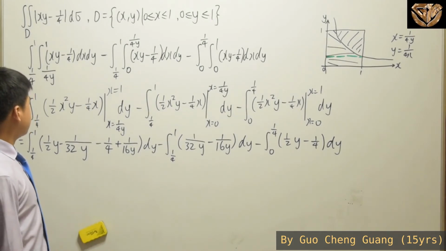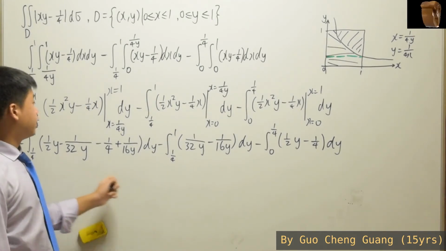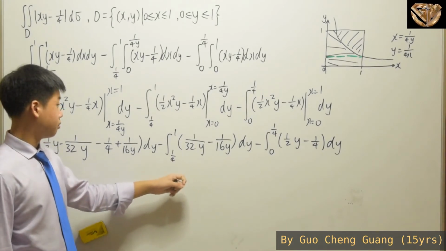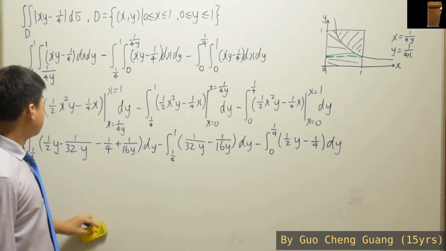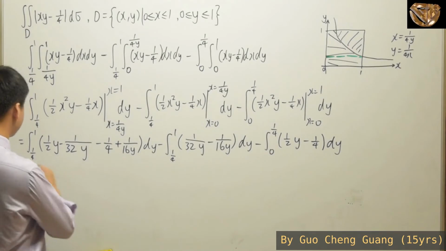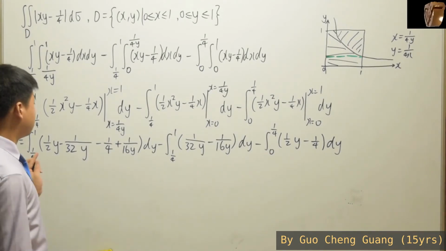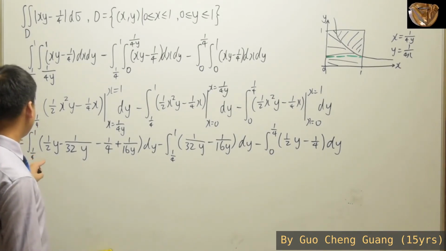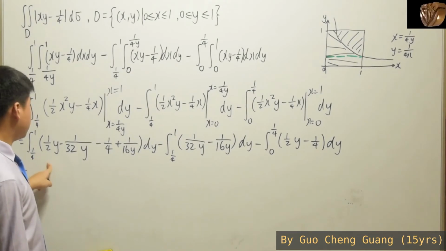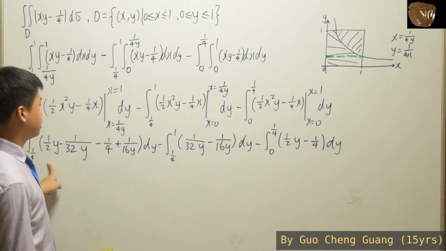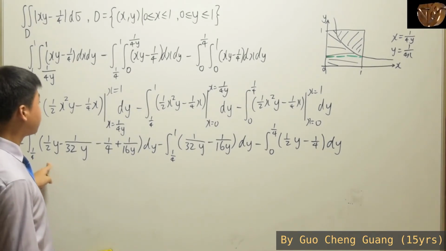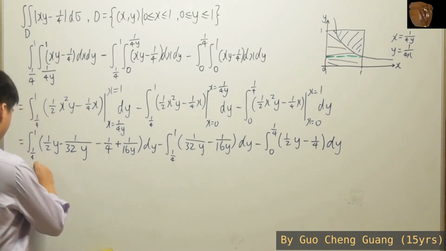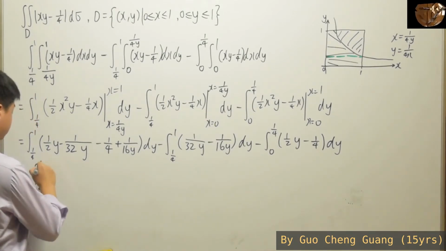Now, I did say something about you could combine some parts of it, didn't I? So let's take a look at how we could combine some of these different things. Integrate from 1 over 4 to 1.